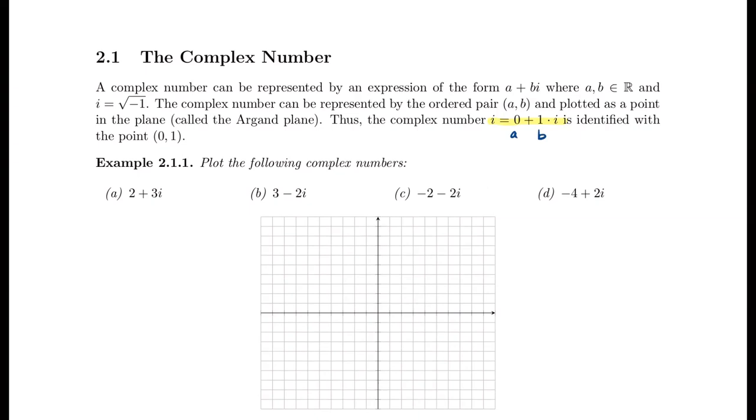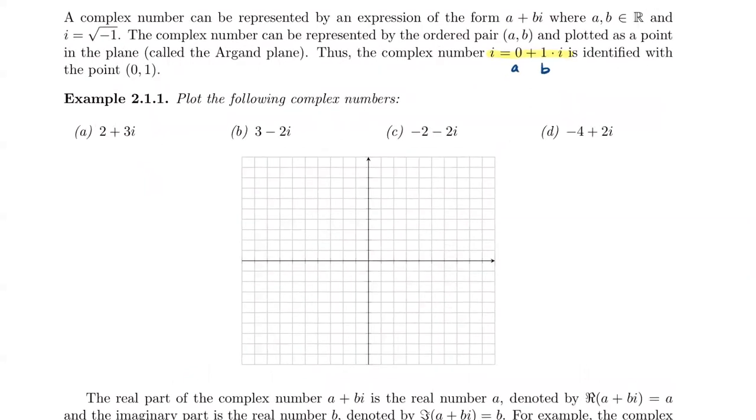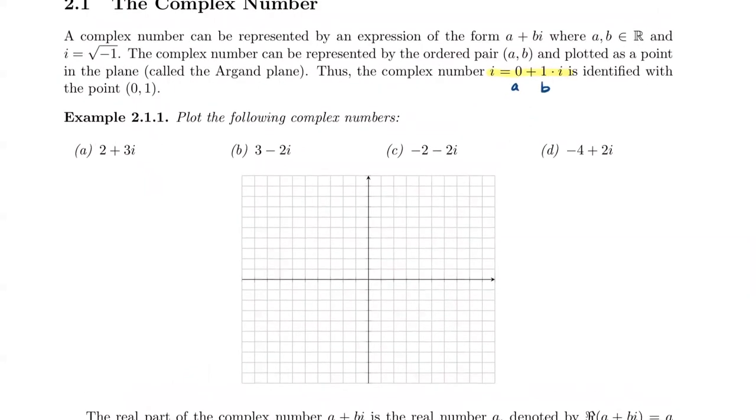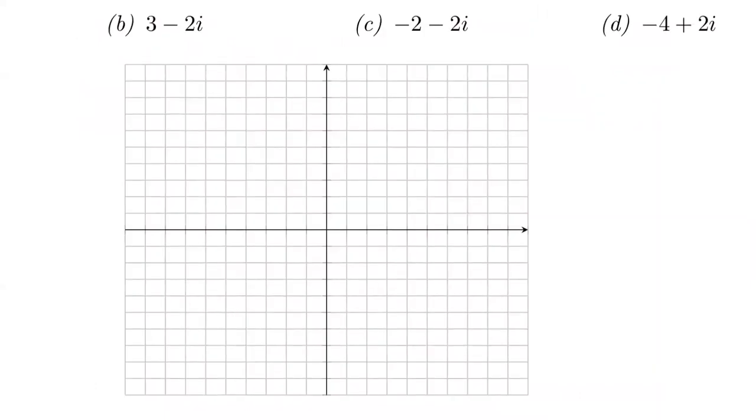Let's look at the following complex numbers and see how we can plot them on the grid. For the first one, we have 2 plus 3i. On the complex plane, this part is the a part and this is the b part.